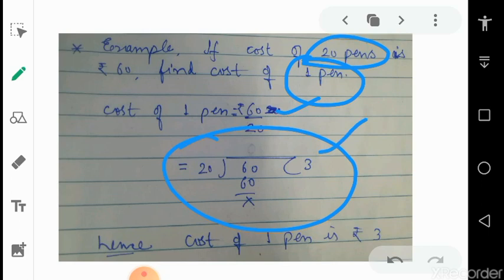So 3 will be the quotient and we will write 60. After subtraction we get nothing. So here we can say, as the remainder is 0, 60 is completely divisible by 20. So the cost of one pen is rupees 3. Okay.